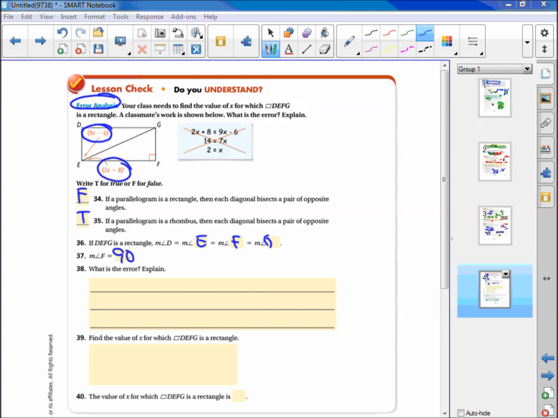So what's the error in theirs? They thought that, let's see, so they used the fact that, maybe I'll write that up for now.